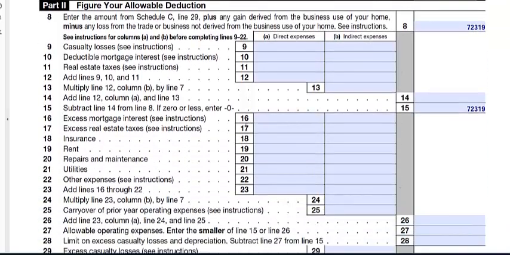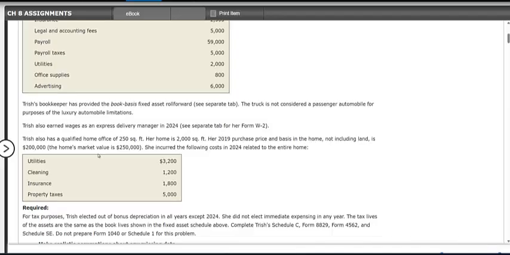Now lines 16 through 23 ask for the home expenses, and we're going to allocate these home expenses partially to the home office, and then of course the other part will be personal. So we need to go back and see what those are.